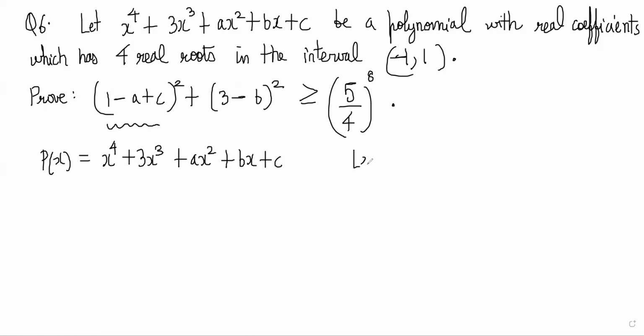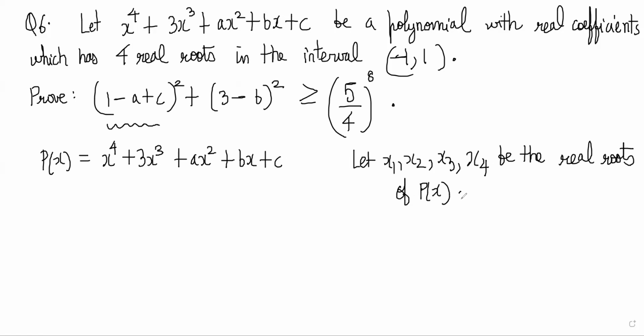And we say that let x1, x2, x3, x4 be the real roots of p of x in the interval -1 to 1, right? They have already said in the problem that it has four real roots in this interval. We are saying x1, x2, x3, x4 are the four roots.